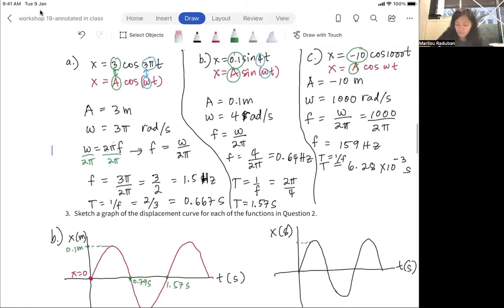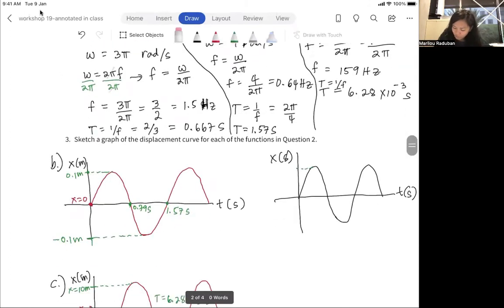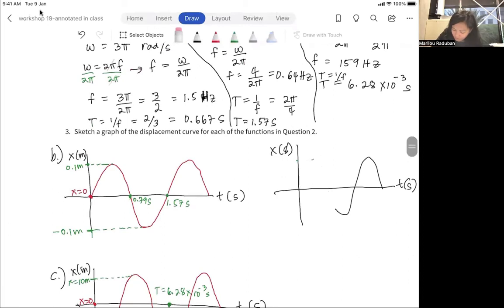Yeah, you're right, Oksana, it's a cosine function. Thanks for correcting me. So I was comparing the cosine function in A to the sine function in B. So A is actually a cosine function, which should start at x is equal to 3.